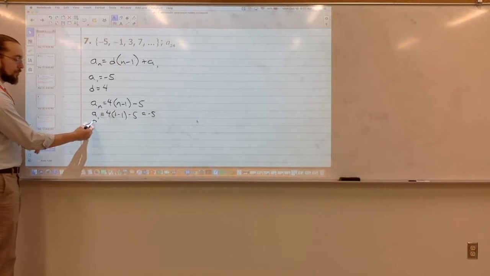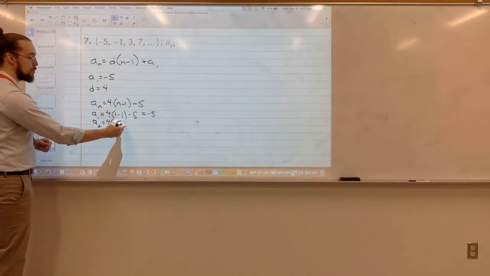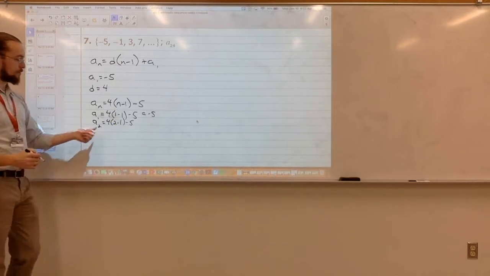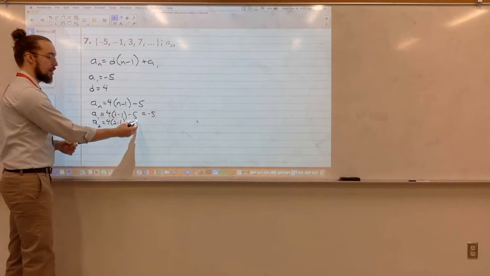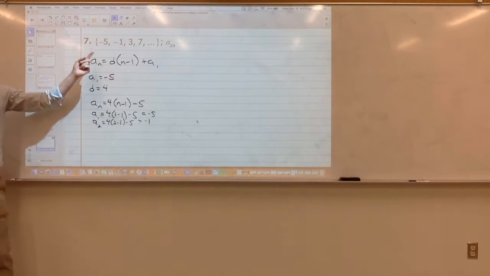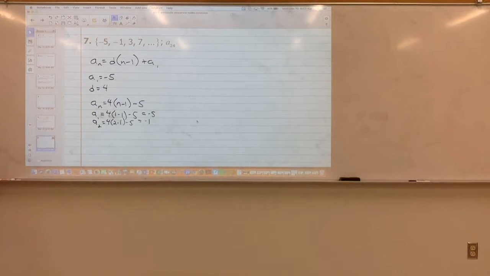If I want the second term, I would say a sub 2 equals 4 times (2 minus 1) minus 5. This would be 1, right? So 4 times 1 is 4, minus 5 is -1. So we can see that this rule is going to produce every number in the sequence as we go. Again, we don't need to do this part. I'm just showing you what we actually got.